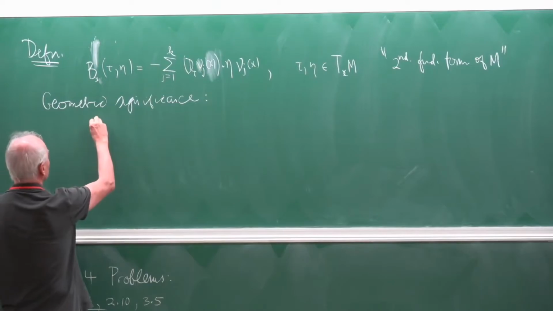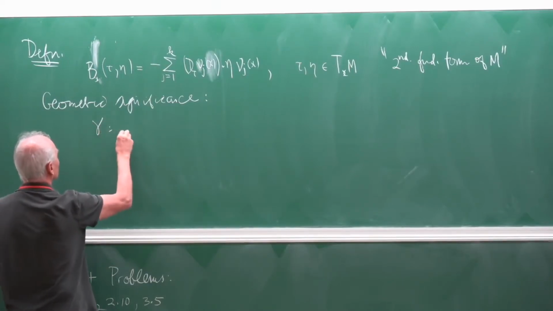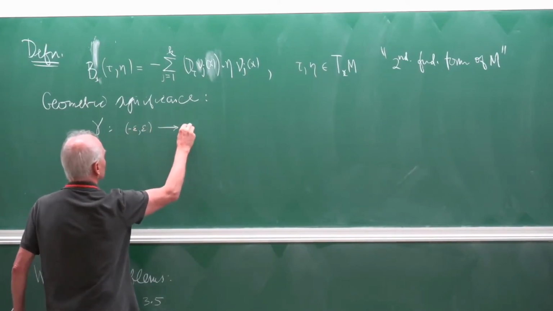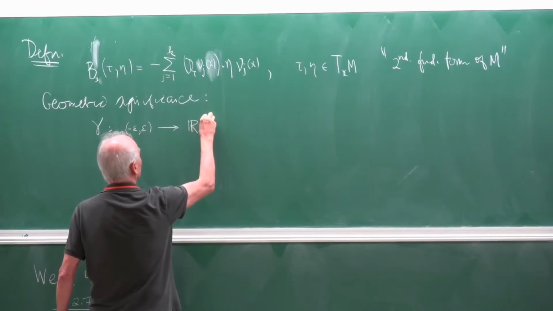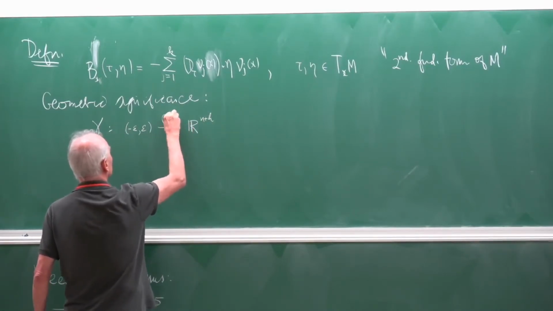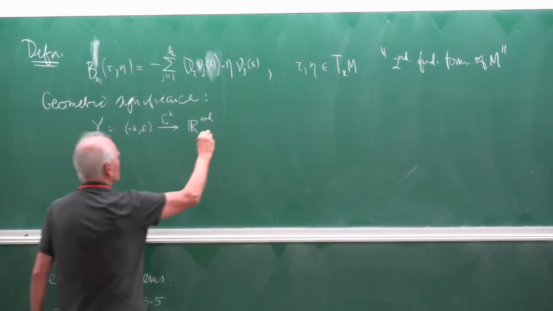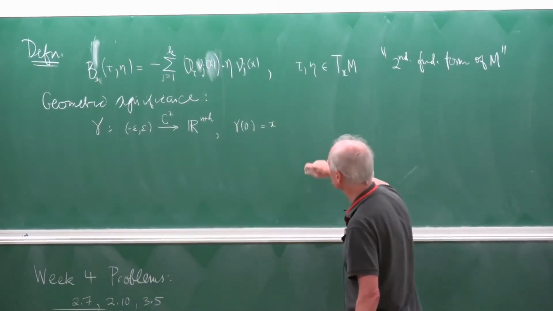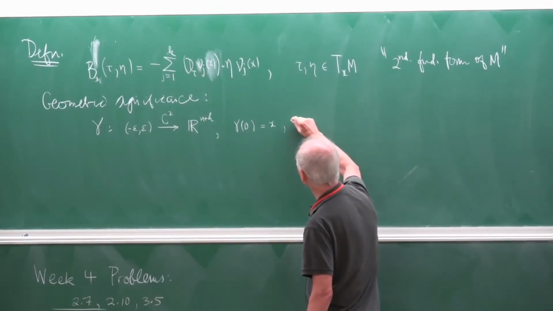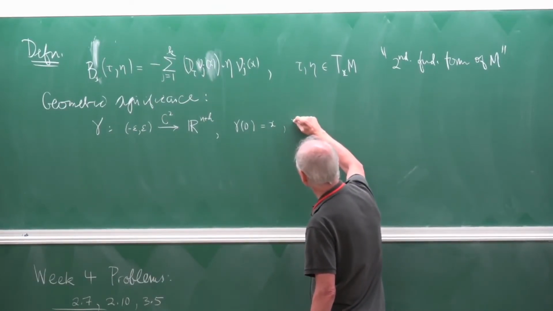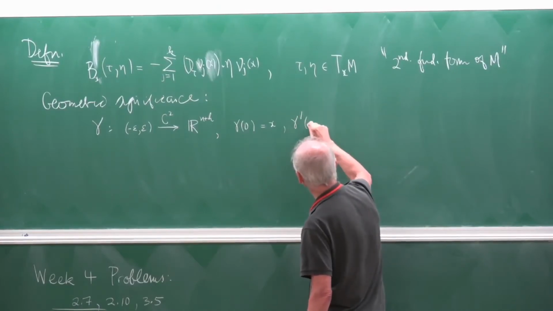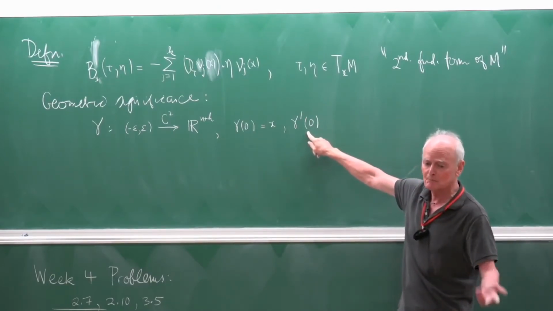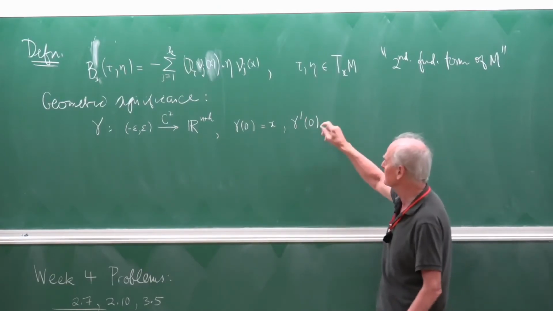Take any curve gamma defined on some interval minus epsilon to epsilon into R^(n+k), and this should be a C2 curve, and we want the usual conditions to hold, namely gamma at 0 should be equal to the point x that we're interested in, and let's agree that gamma prime 0 will be a tangent vector, remember, that's the definition of tangent space, but let's call it tau.